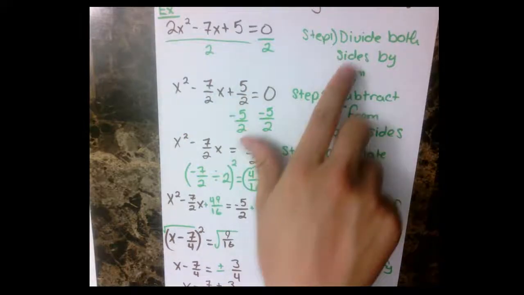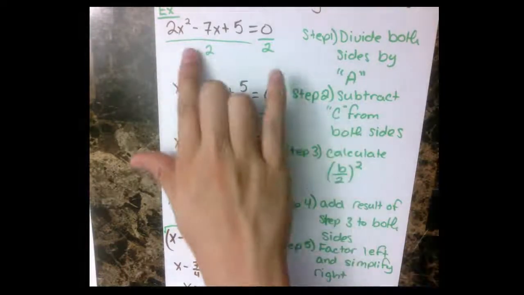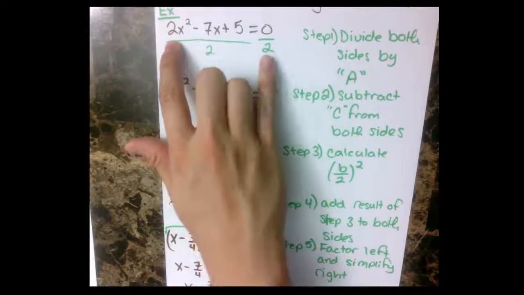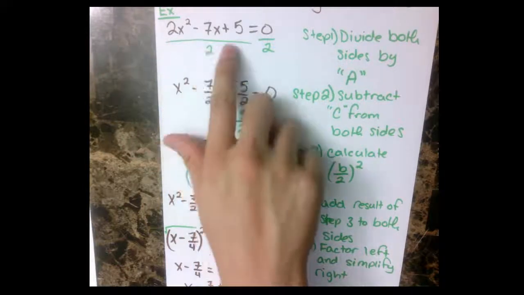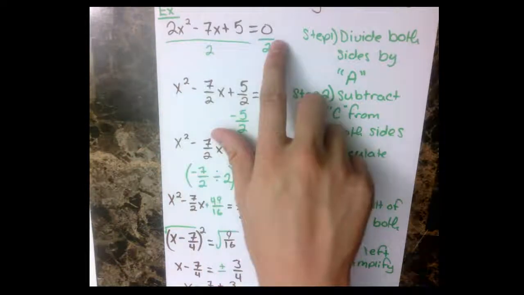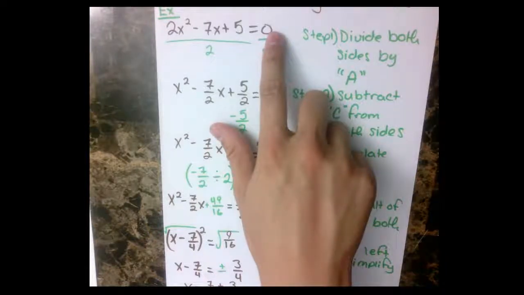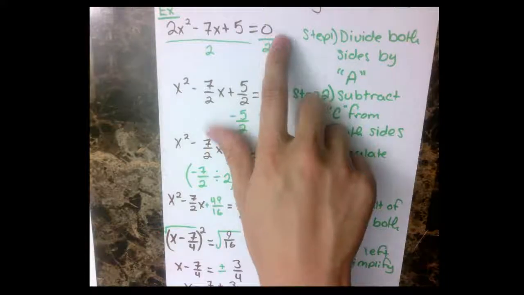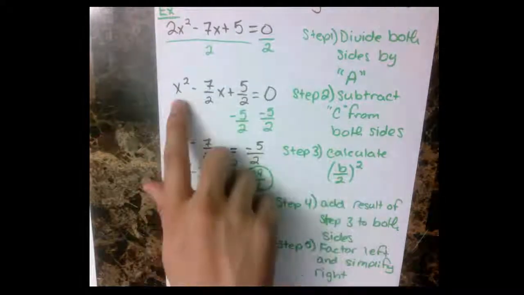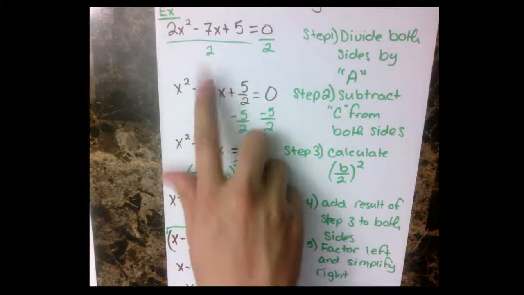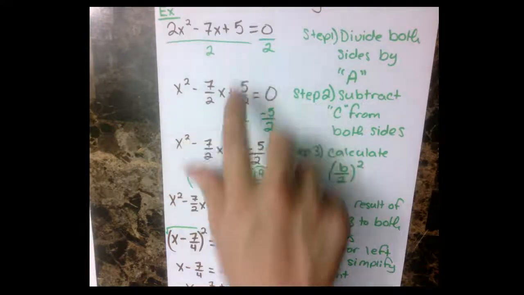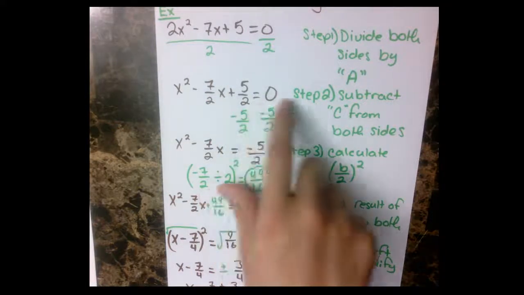Your first step is to divide both sides by a. In this case, your a is 2. So remember, if we divide the left side by 2, we have to divide the right side by 2. What's nice about this problem is you have a 0 over here anyway, so it doesn't really matter that much. Okay, so after we divide by 2, what you'll get is x squared minus a fraction, 7 over 2 x, and then plus 5 over 2 equals 0.